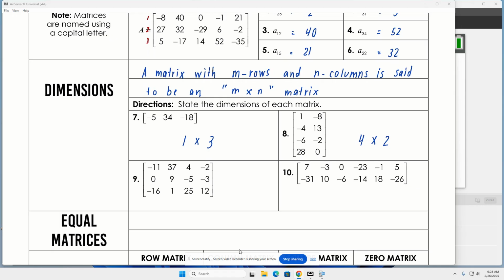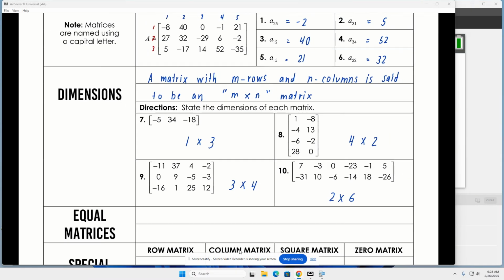Okay, hopefully on number 9, you've already done that. There are 3 rows and there are 4 columns, so that's 3 by 4. So always do rows first and then columns. And number 10 has 2 rows and 6 columns.